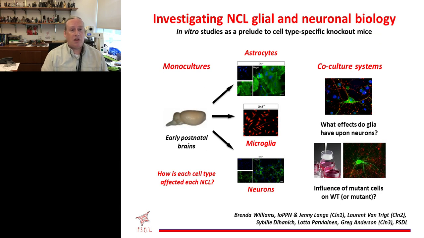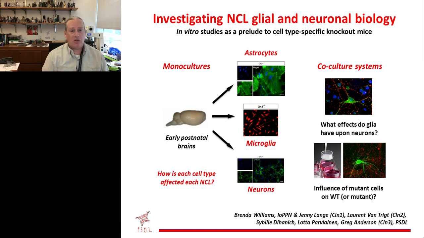Now, the way that we do this is by growing cultures from early postnatal mouse brains. And we have methods where we can grow cultures of just those astrocytes, or just microglia, or just neurons, and then ask very simply, how is each cell type affected in each of the different forms of NCL? Once we've then defined that, we can then start mixing and matching.